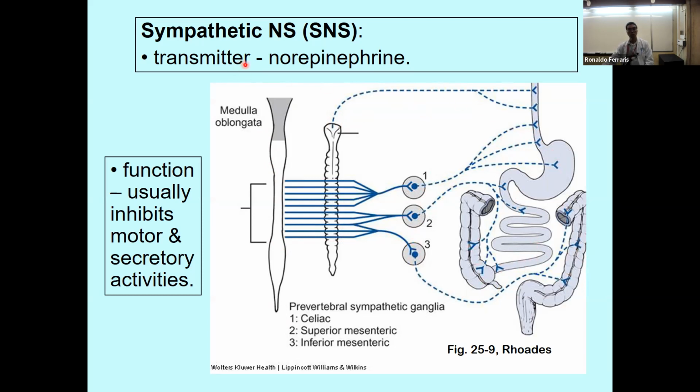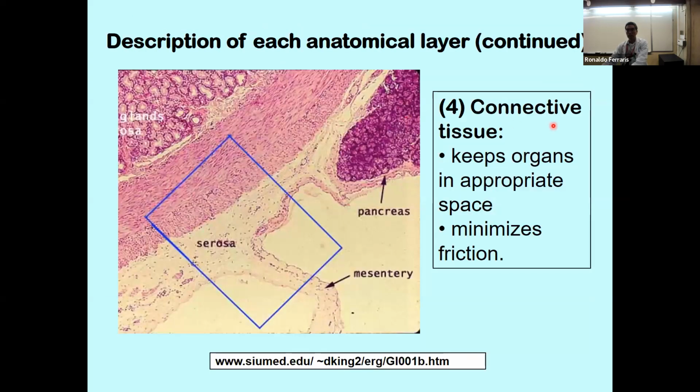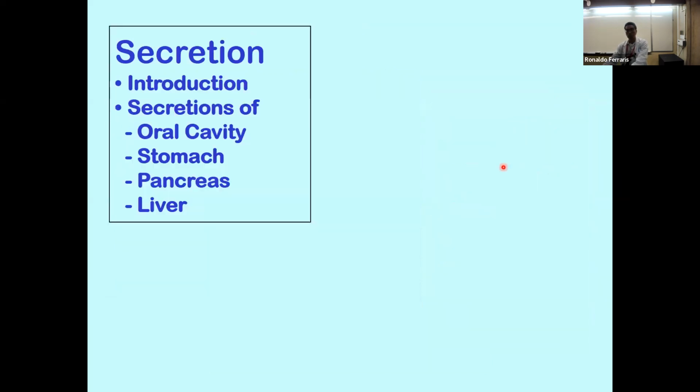Their transmitter is norepinephrine, and they usually inhibit the motor and secretory activities of the GI tract. These are the three major ganglia innervating the GI tract for the sympathetic nervous system. And the serosa is mainly connective tissue. They keep these organ systems in their appropriate place in the abdominal cavity.